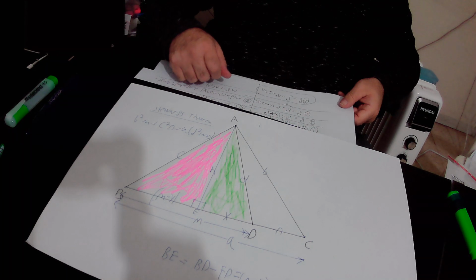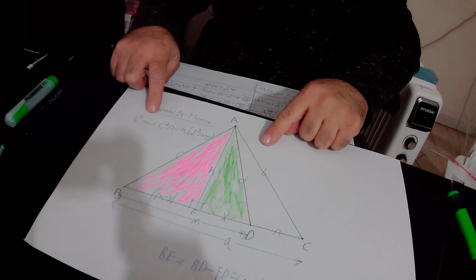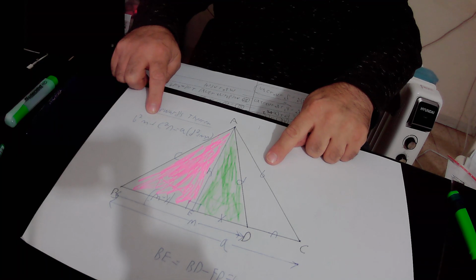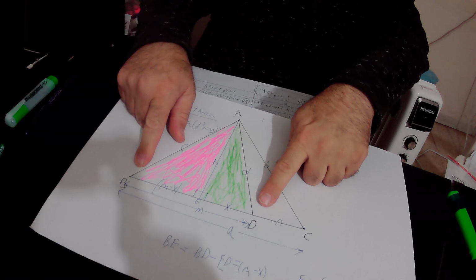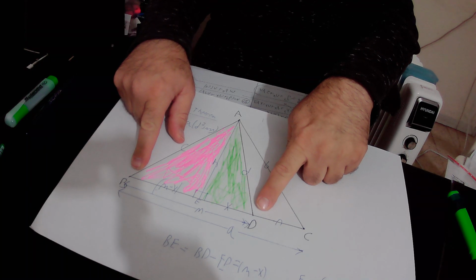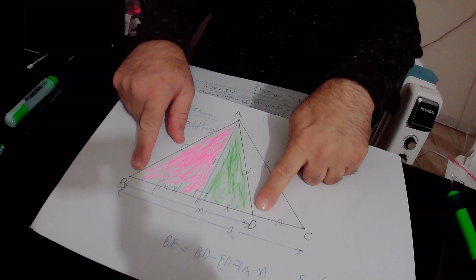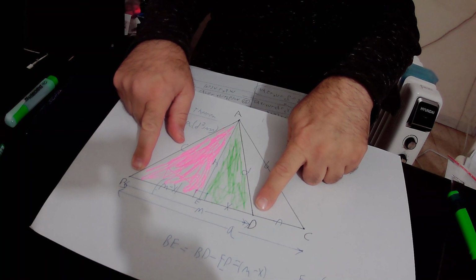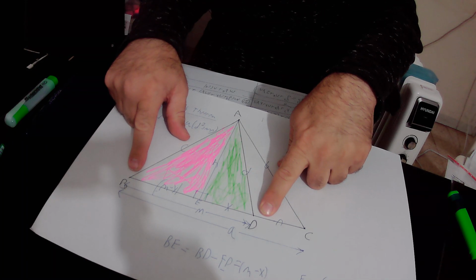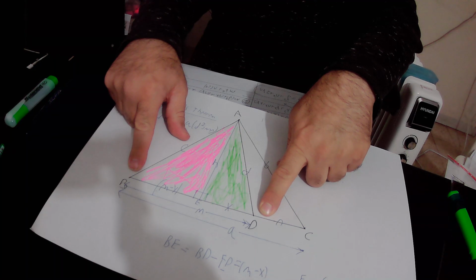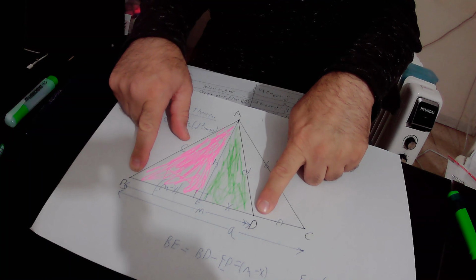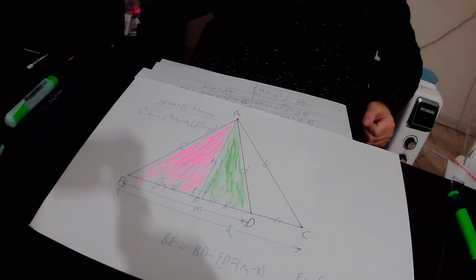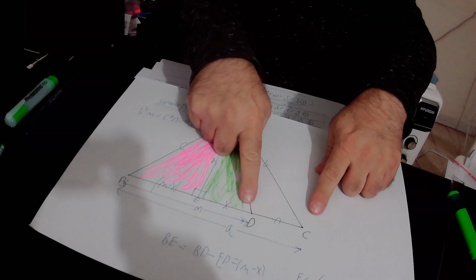According to Stewart's theorem, b squared times m: b is the length of side AC, and m is the length of line segment BD, and n is the length of line segment DC.